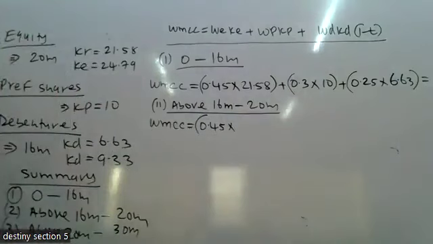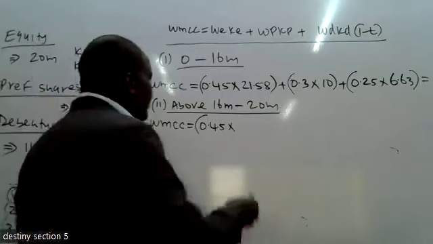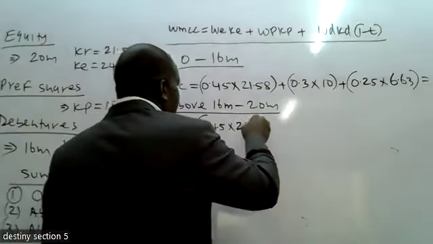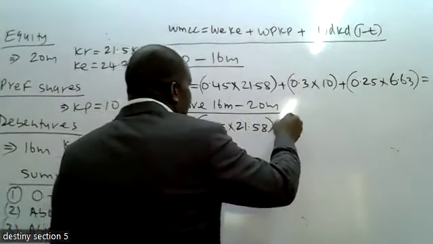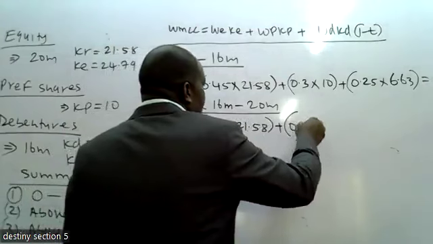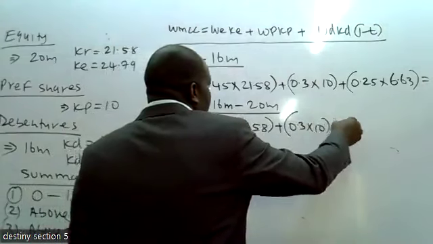So we are still 20 million, and from 16 to 20, we are still 20 million. So you are still using 21.5. So preference share had no break.